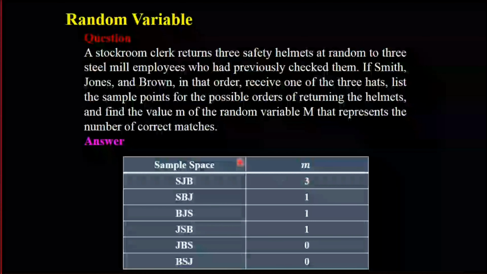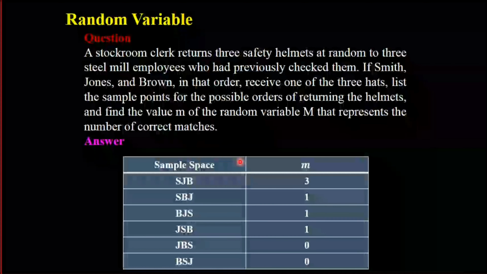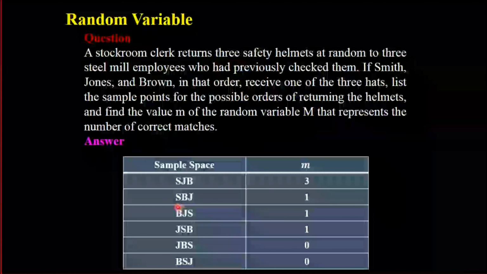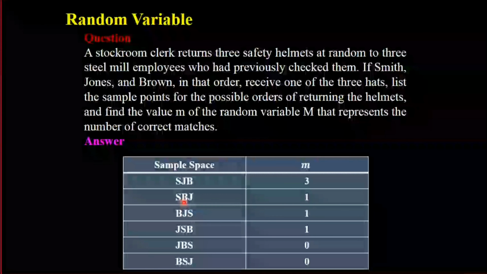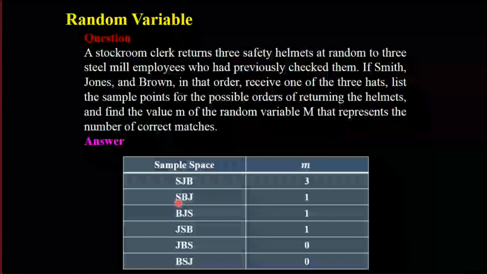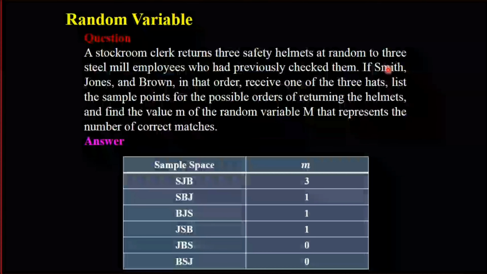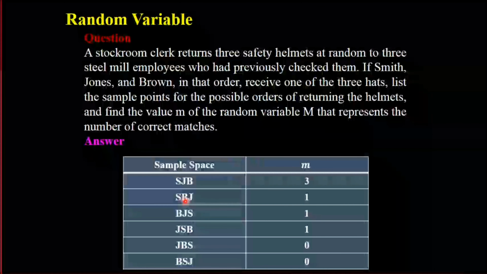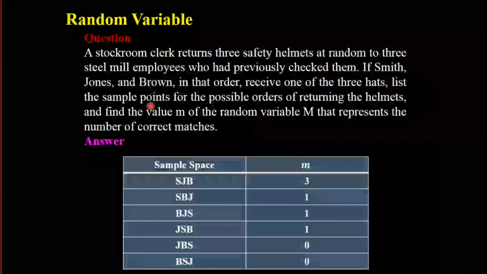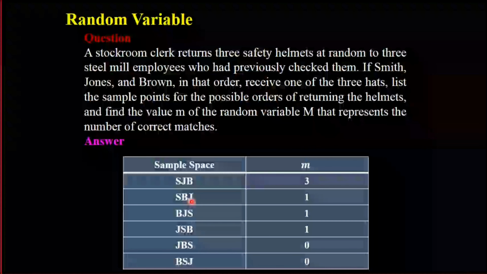If the returning order is like Smith, Brown, Jones, then Smith is coming first, and he took also first, so one match. But Brown is returned second but took third, so not matching. Similarly, Jones also is not matching.